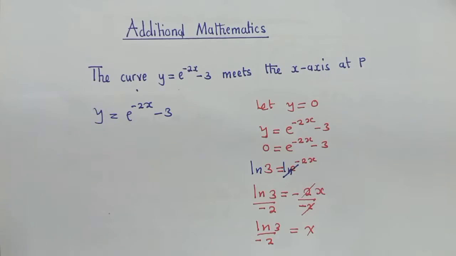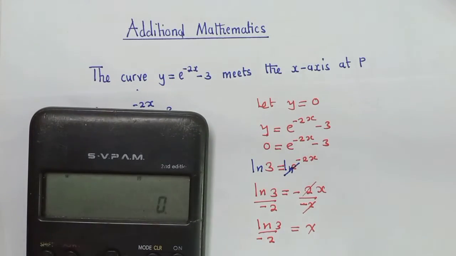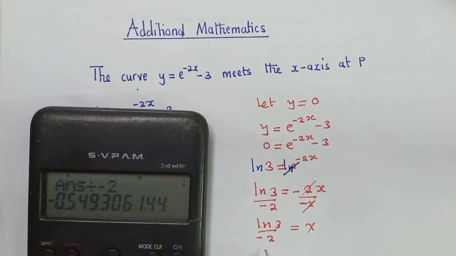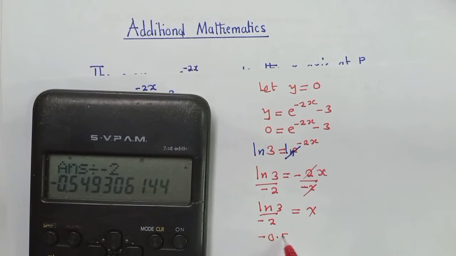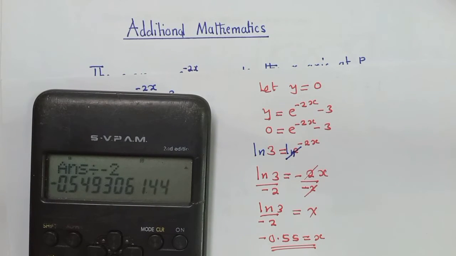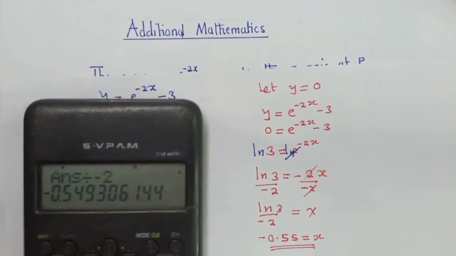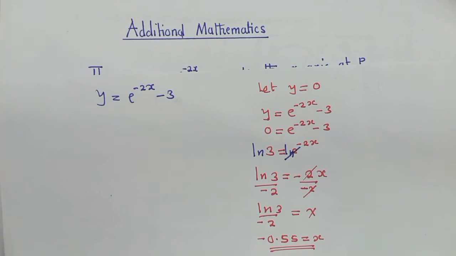of which we can punch on our calculator: ln 3 divided by negative 2. We are getting a negative 0.55 is equal to x. So the x value is negative 0.55.